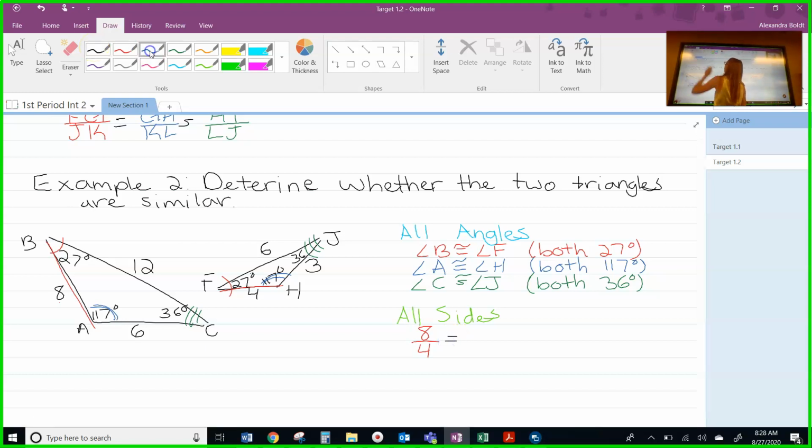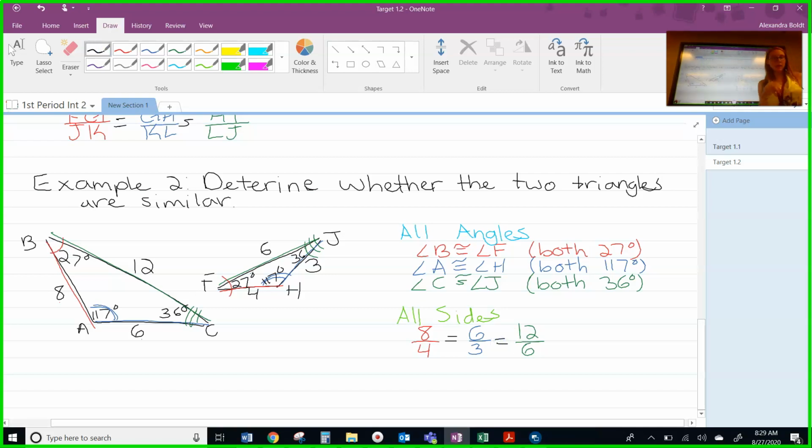And that should equal, I'm going to go from A to C, and that's 6. And then from blue to green, which is 3. And then finally from C to B, which is 12, and then green to red, which is 6.